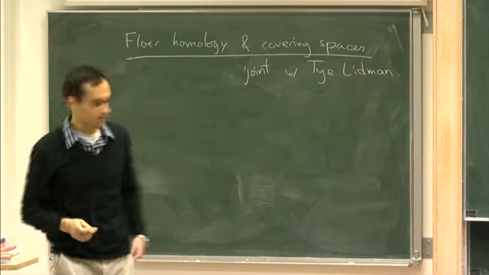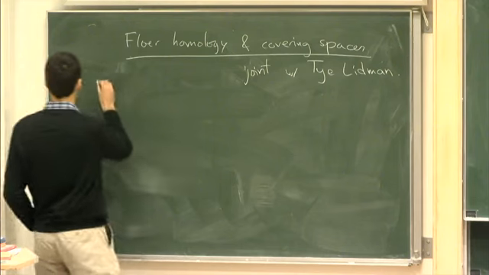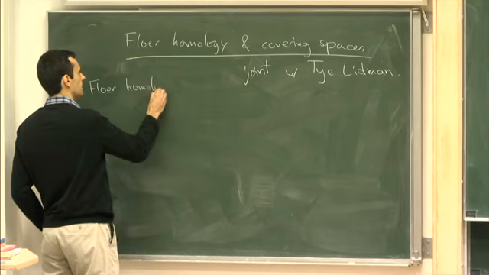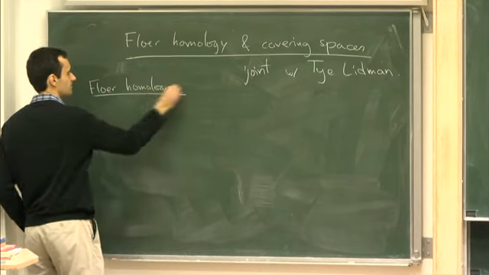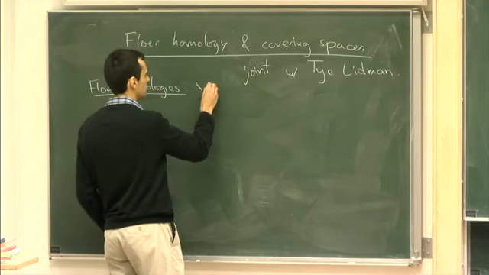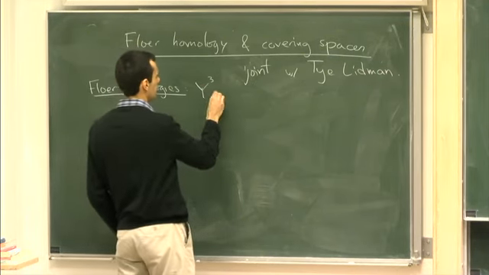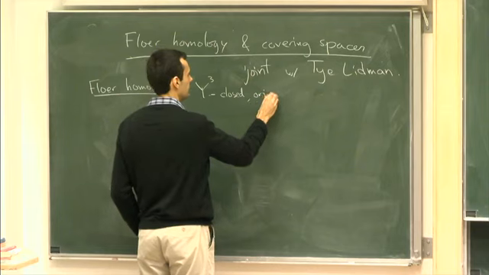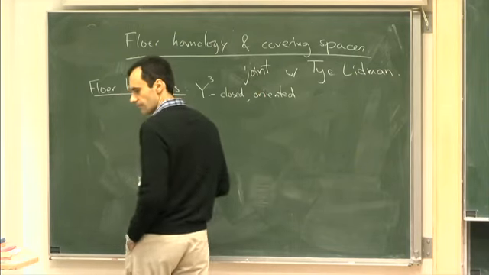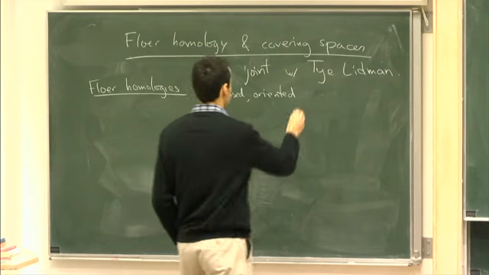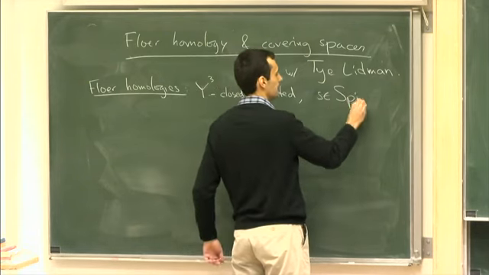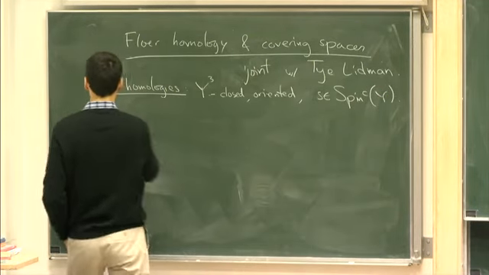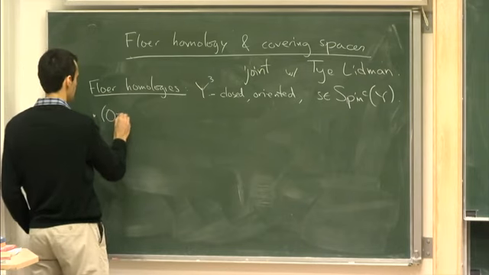So let me start by reviewing the Floer homologies that we'll mention in the talk. They are associated to a three-manifold Y, a closed, oriented, and oh yes, we also need a spin C structure on Y. So there are different versions of Floer homology.